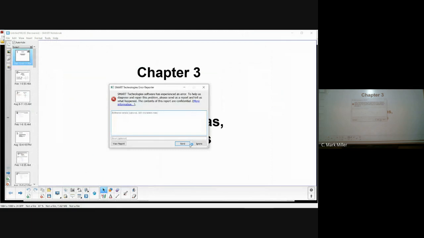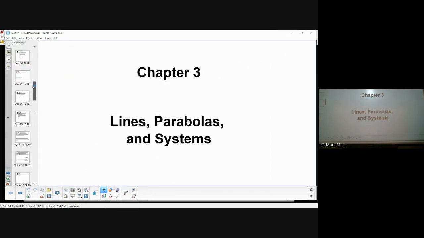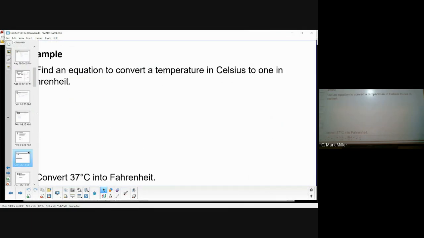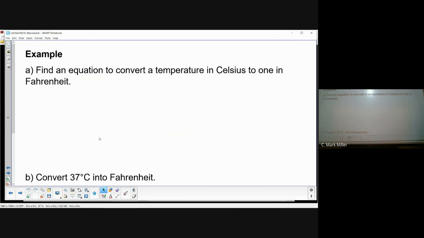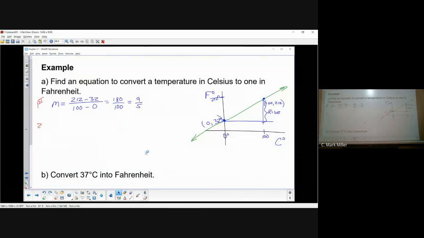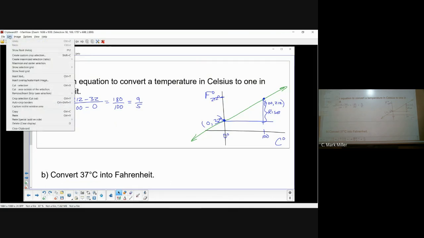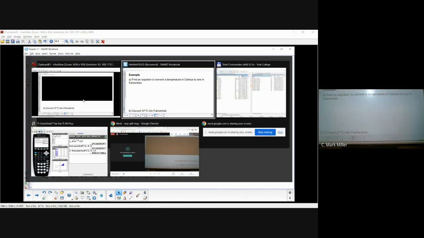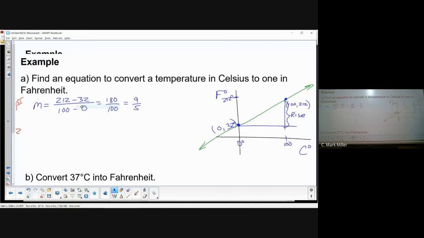Of course, it's Monday. Guess which one it's going to be? We lost everything. So we're going to go over here. We're going to cut that out, and we're going to paste.